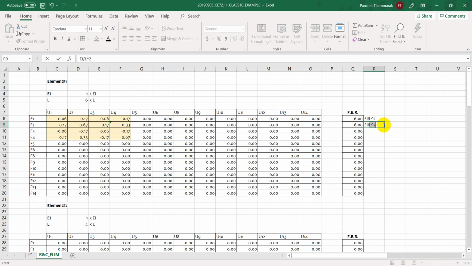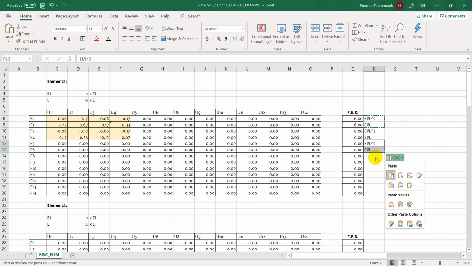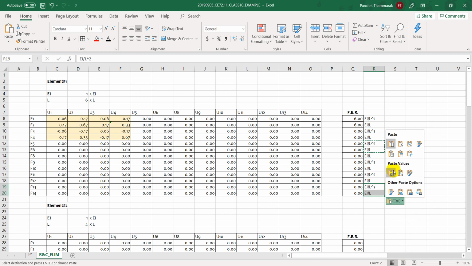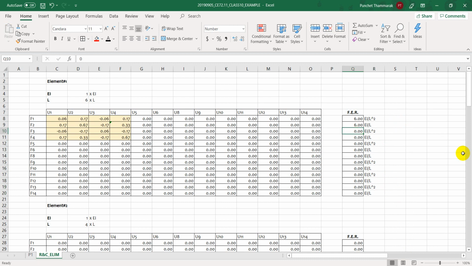And it is going to repeat like this. So the next one is also 6 and the last one is minus 6.